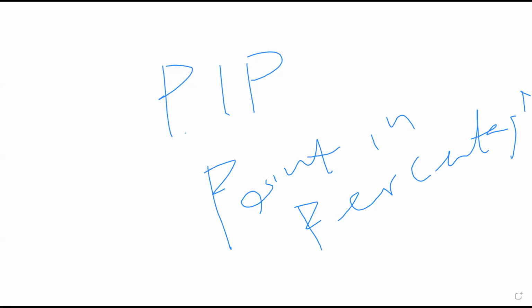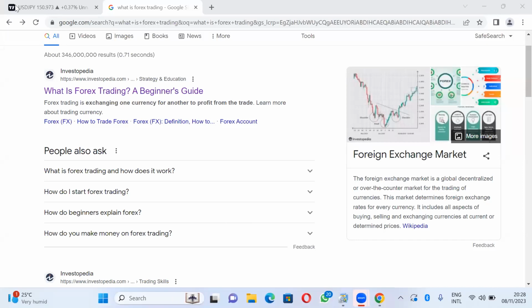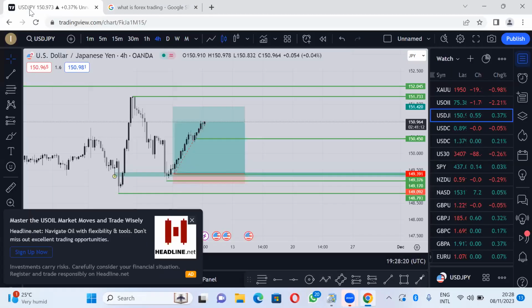Let me stop sharing this. Let me share my screen. And I know most times it gets confusing when people see things like this chart. Don't let it scare you, all right? Which chart should I use now?